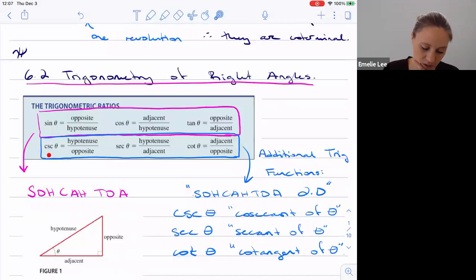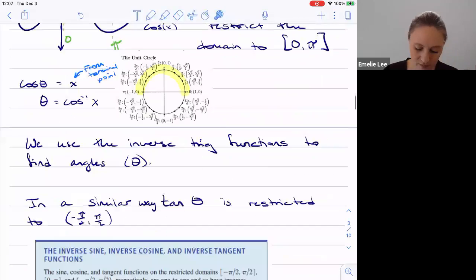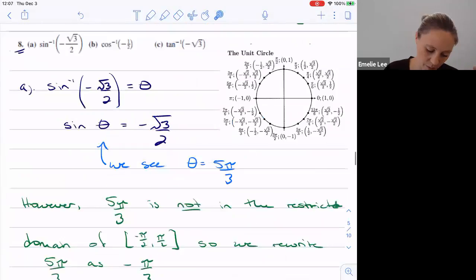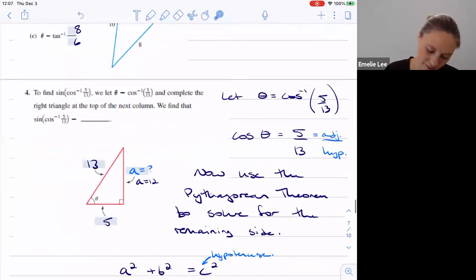Cosecant is the hypotenuse over opposite, secant is the hypotenuse over adjacent, and cotangent is the adjacent over opposite. So just have those available, and then these problems won't be a problem at all.